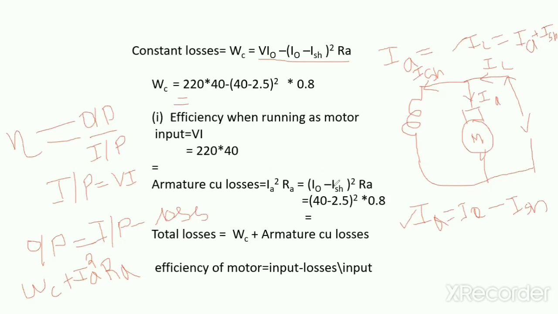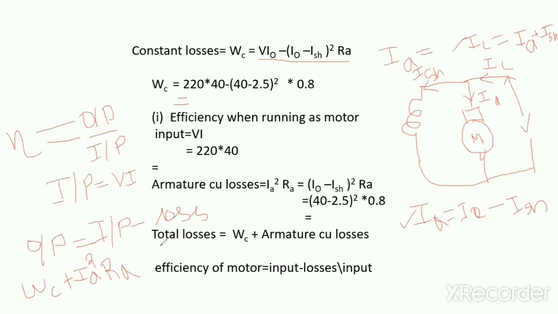IA is equal to I naught minus ISH, where I naught is 40 and ISH is 2.5. Therefore, armature copper losses is equal to IA square into RA, that is I naught minus ISH whole square into RA.